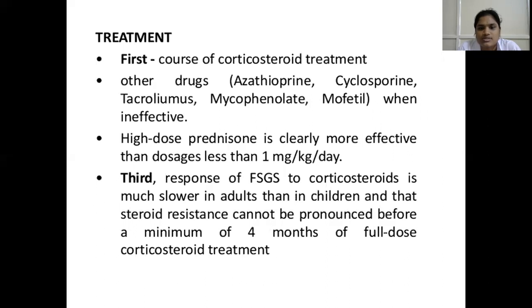Then the response of focal and segmental glomerulosclerosis to steroid is much slower in adults than in children. So a minimum of 4 months of full dose corticosteroid treatment should be used before considering it steroid resistant.